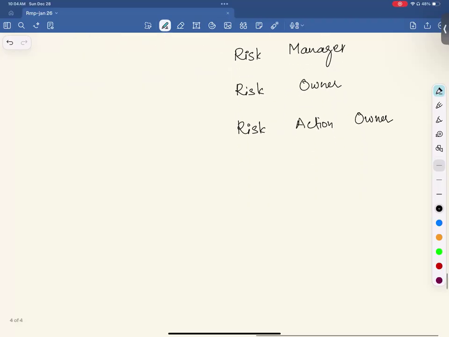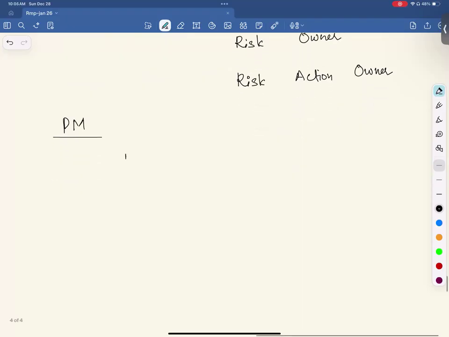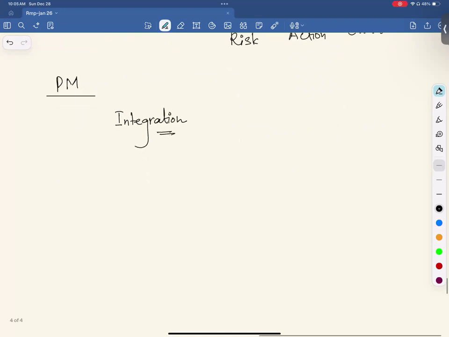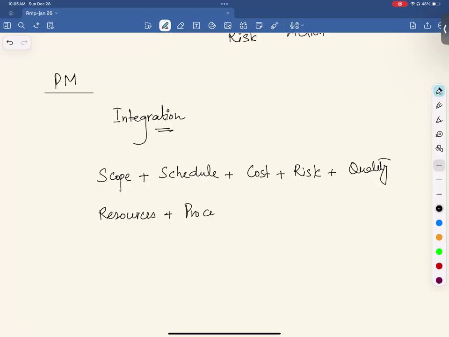Now, let's see what's the role of a project manager. Project manager's job is integration. The project manager integrates all the knowledge areas together. For example, integration of scope with schedule, with cost, with risk, quality, resources, procurement, right?